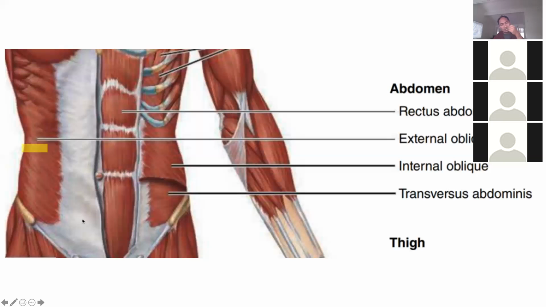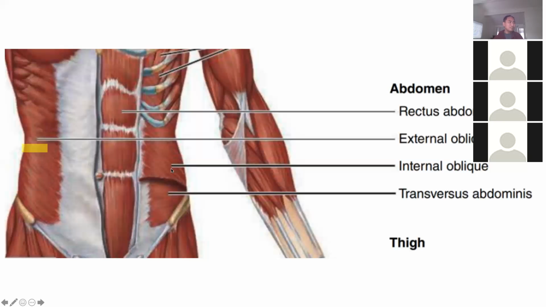Aponeurosis, tendon, fascia, structurally they are the same. They are dense connective tissue, formed from the endomysium, perimysium, epimysium. These connective tissues from the muscle gradually combine together to form a thick, flat sheet of connective tissue. So this external oblique muscle around the mid-clavicular line gradually changes from muscle to aponeurosis.